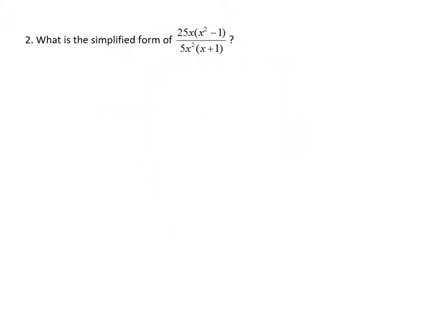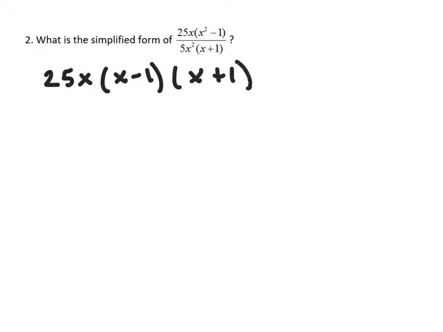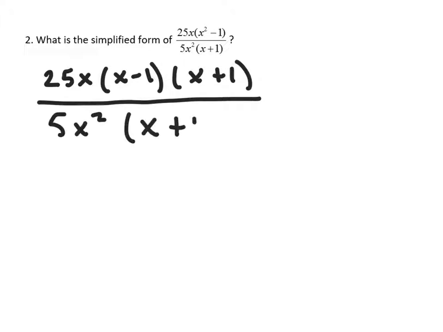Simplified form means to reduce it as much as you can, and usually, well, always, that means factoring. So you'll notice x squared minus 1 can be factored as x plus 1 and x minus 1. And then we have our division on the bottom, and everything is already set up in terms of addition and subtraction there.